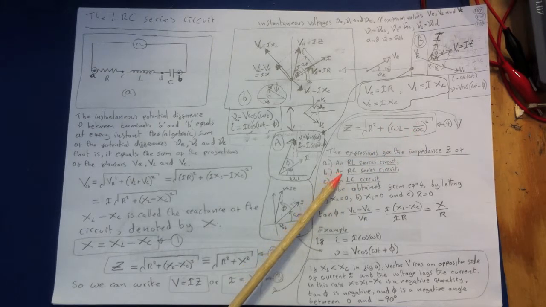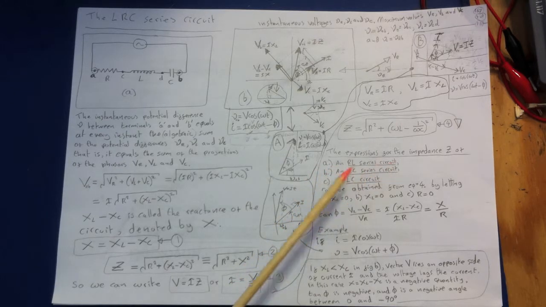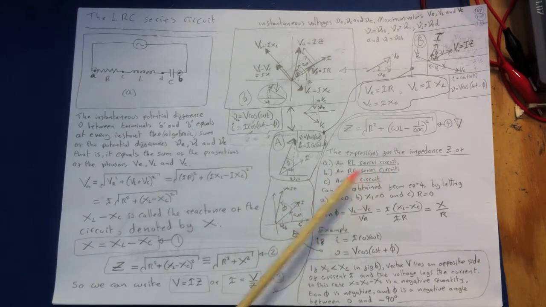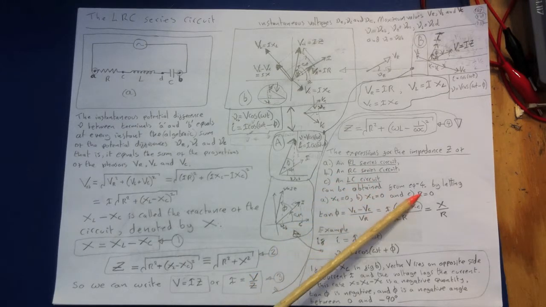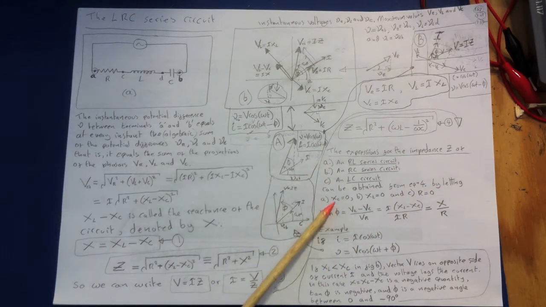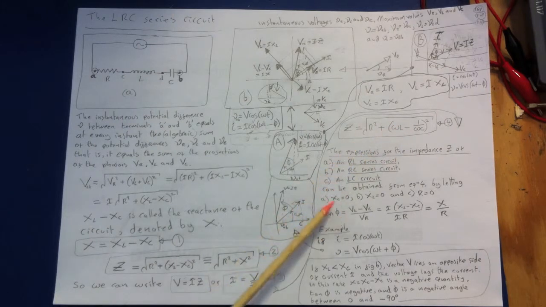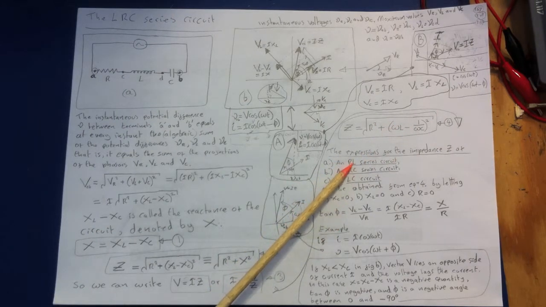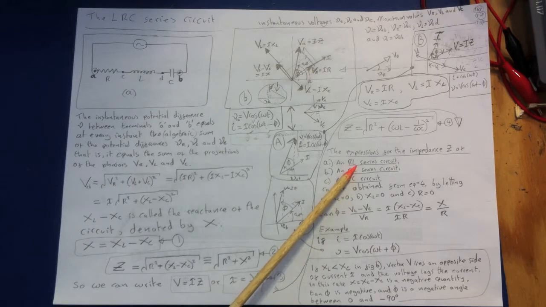The expression for the impedance Z of, say, A, an RL series circuit, or B, an RC series circuit, or C, an LC circuit, can be obtained from this equation. For A, let XC equal 0, for an RL series circuit.